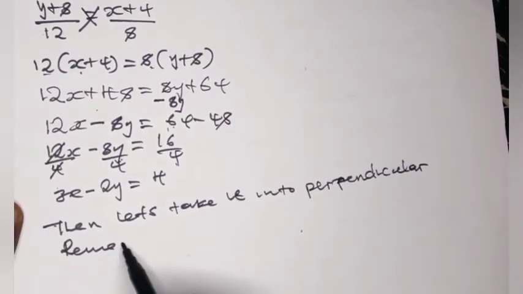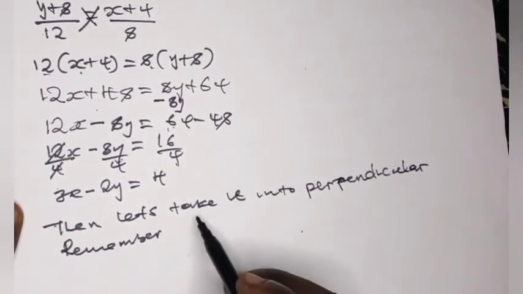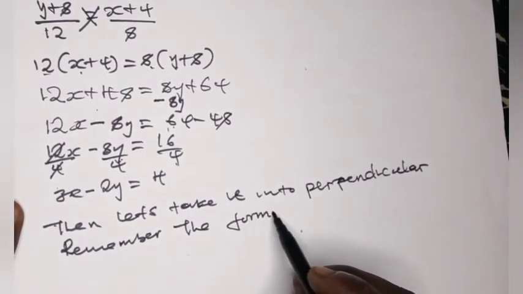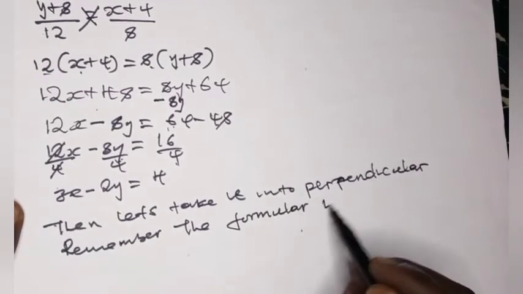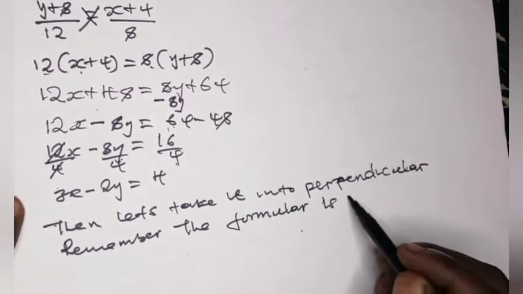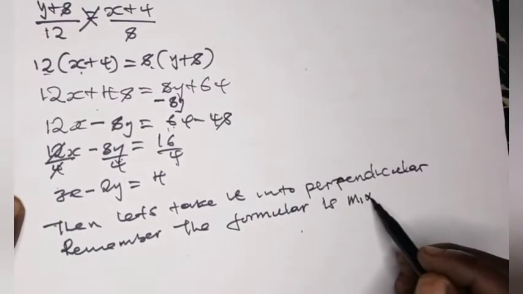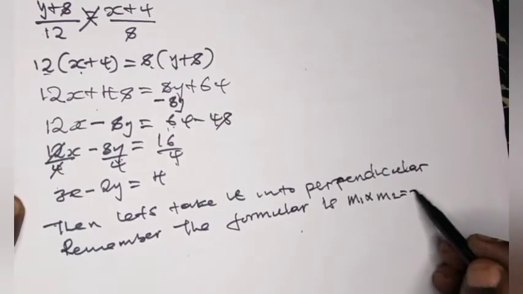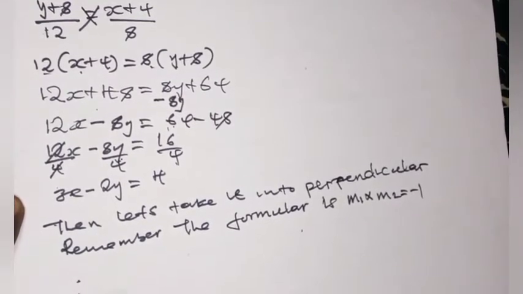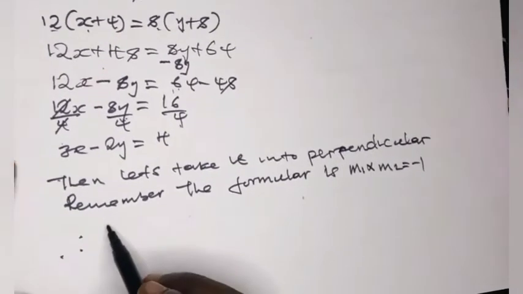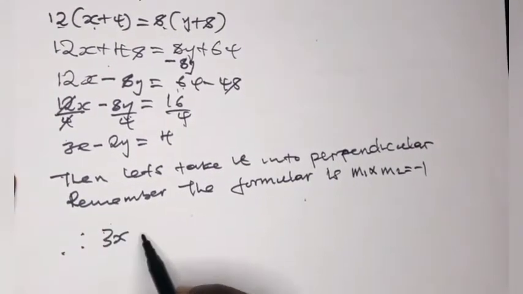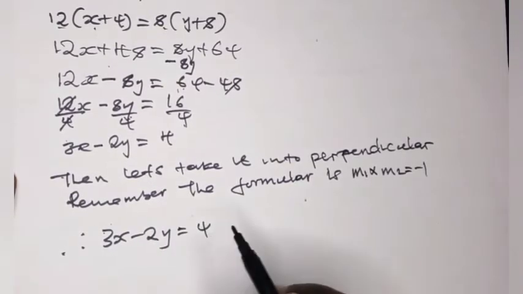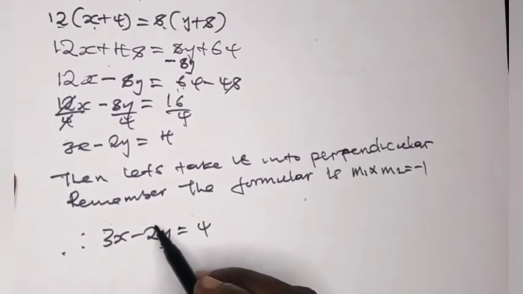So remember the formula, which is m1 times m2 equals minus 1. So now, we are going to take that equation, which is the normal equation, 3x minus 2y equals 4. Then we are going to make y the subject of the formula.